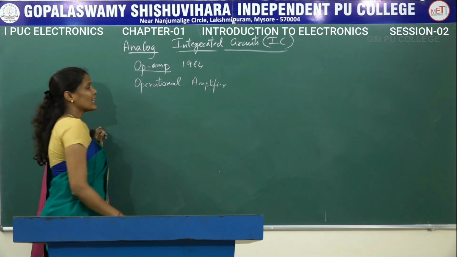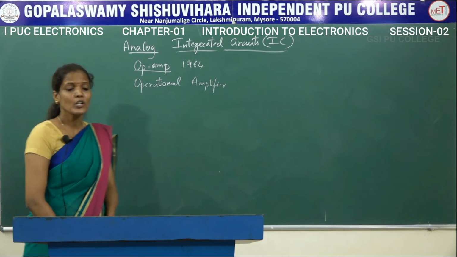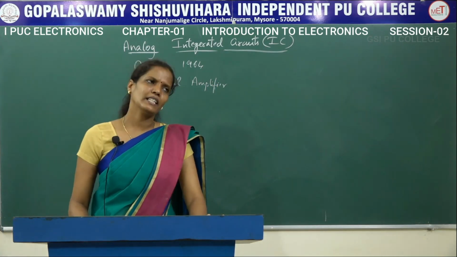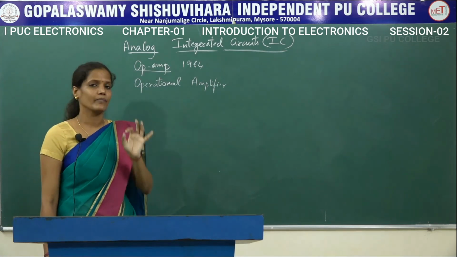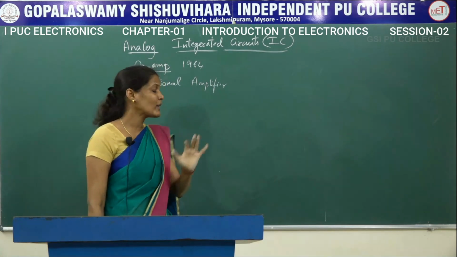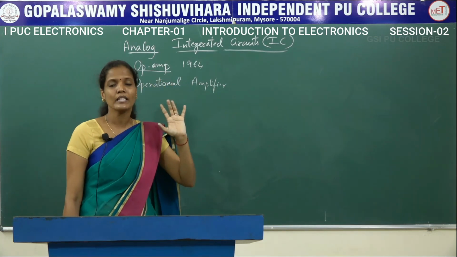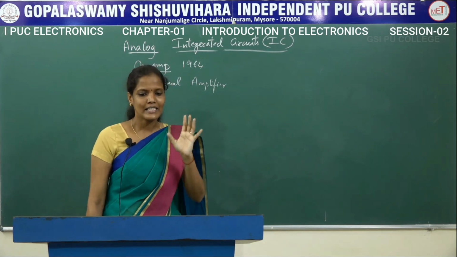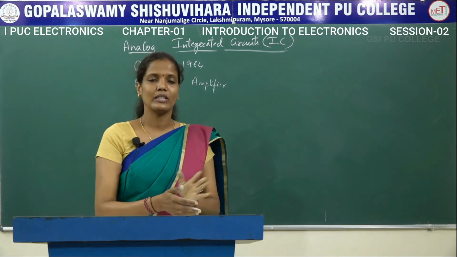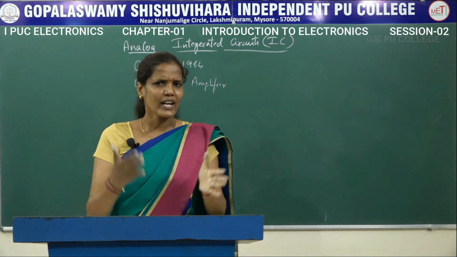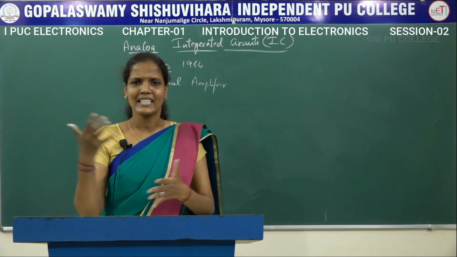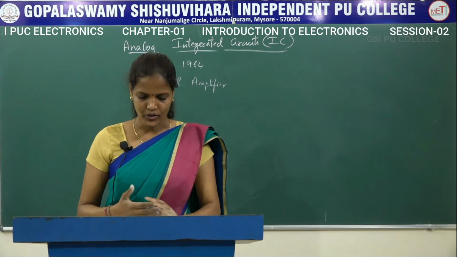This is the first analog integrated circuit which was invented. The other circuits or systems developed after this op-amp are analog to digital converter, digital to analog converter, active filters and analog multipliers. We are going to study about all these in second PUC electronics.